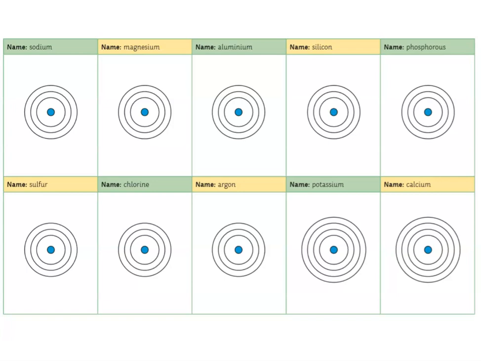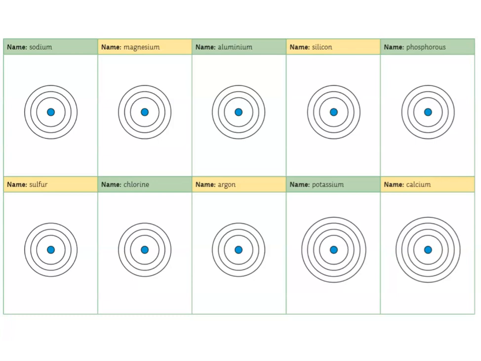How many electrons do they have in their outer shell? Look at fluorine, chlorine. What group of the periodic table are they in? How many electrons do they have in their outer shell? Can you spot a link between the group number and the number of electrons in the outer shell?